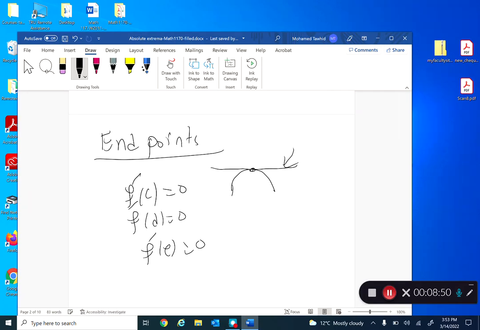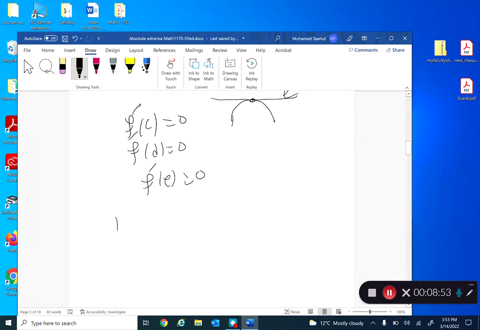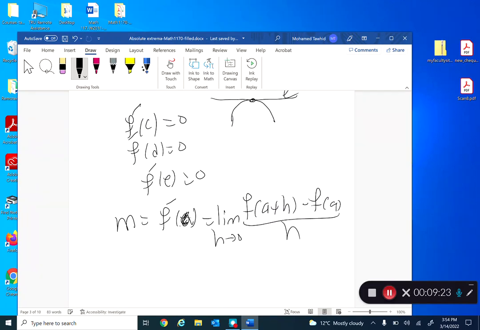I gave you before, I said what is the slope? The slope is your derivative at a specific number. We call it just a number here. So say at x equal E or just C, that is not the same C. So the derivative at A, that's what I gave you. Remember when I gave the definition, limit as h goes to 0 of f of A plus h minus f of A over h, I said that is your slope, your derivative.